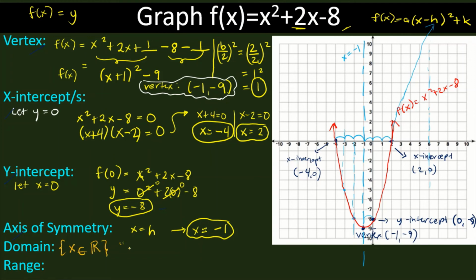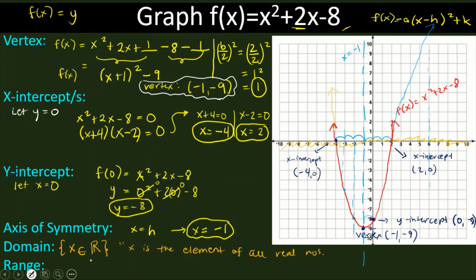Okay, binabasa natin siya as x is the element of all real numbers. Okay, kung dito, sakop nga siya ng ating parabola. Kasi yung parabola natin ay nag-extend. Okay, nag-extend yung parabola natin and habang nag-extend siya, nasasakop niya ng infinitely yung x-axis.